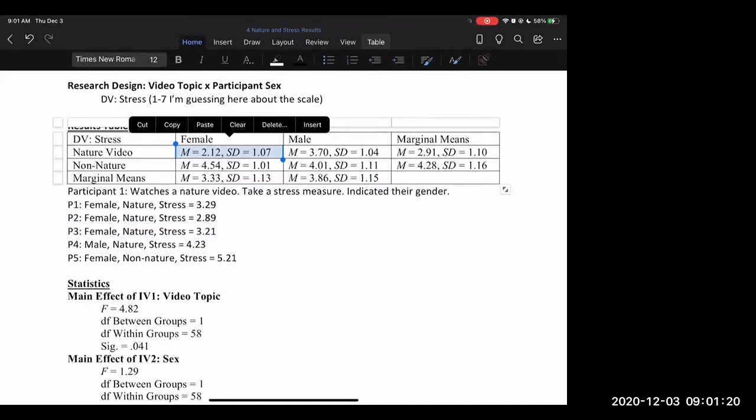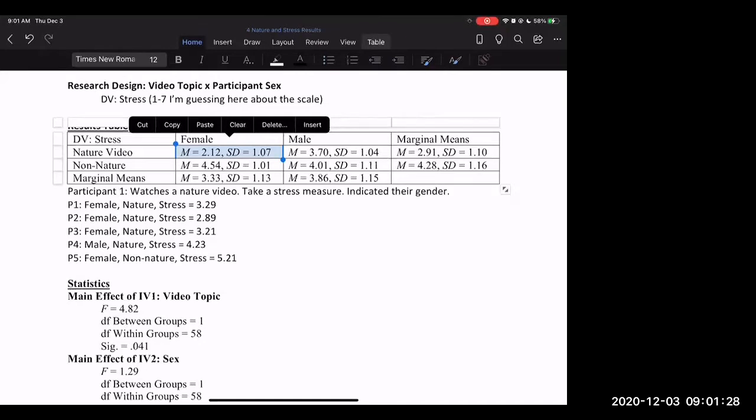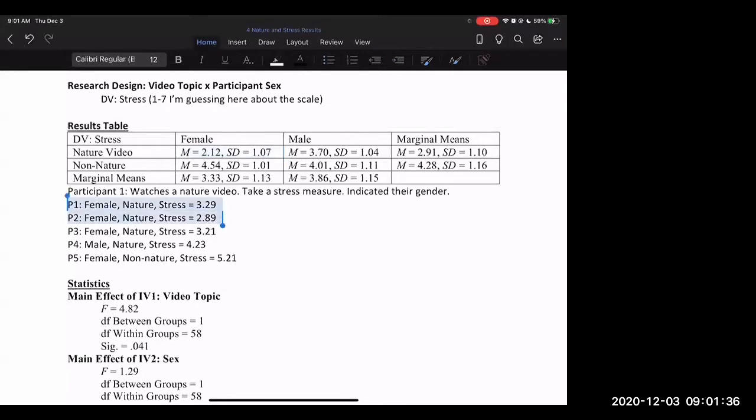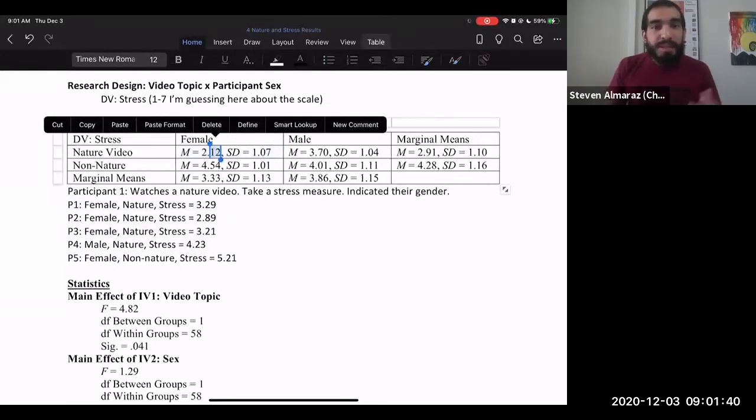Isn't the mean like kind of like the average of that category? That's right. So the 2.12 would be basically where most people averaged, right? Right. So what I do to get from these pieces of information to these means, mean is the same thing as a mathematical average.